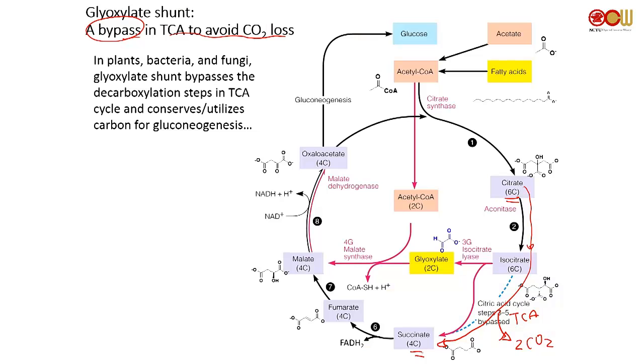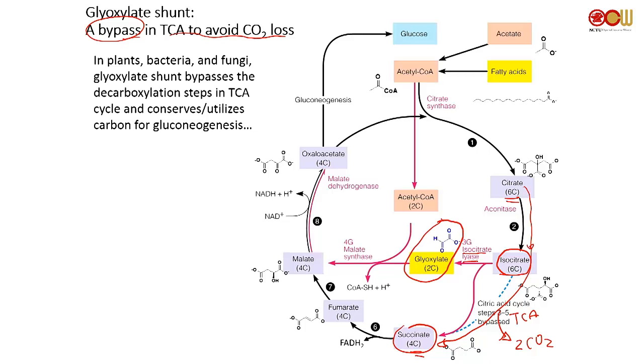So it turns out there are some organisms on Earth, particularly bacteria and fungi. What they can do is, once they get to isocitrate, they can use an enzyme called isocitrate lyase, so we'll chop isocitrate in half into succinate and this thing called glyoxylate.